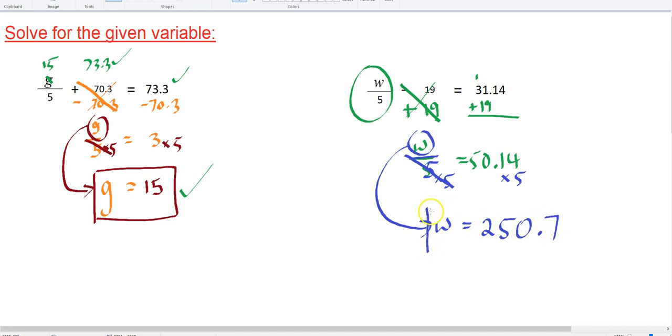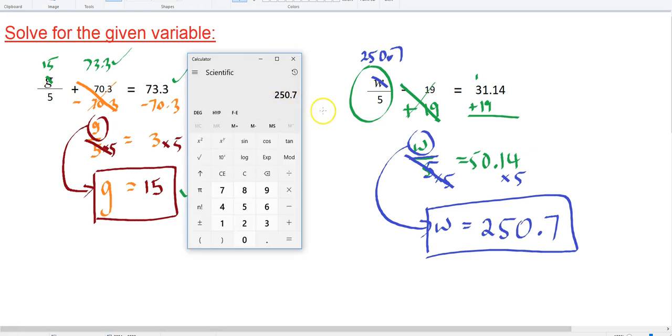So that should be the value of W, but let's substitute this answer into the equation and see if that's correct. So instead of W, we'll say 250.7. So let's use our calculator again. 250.7 divided by 5, minus 19, equals.